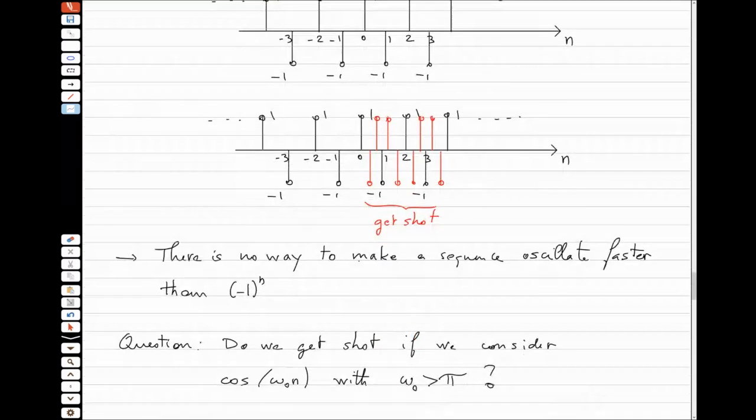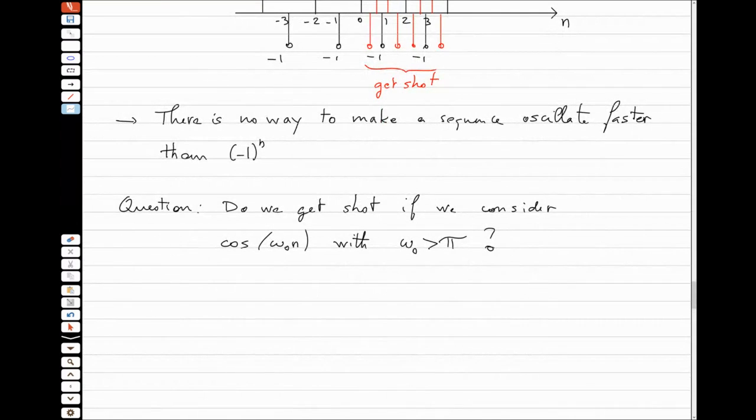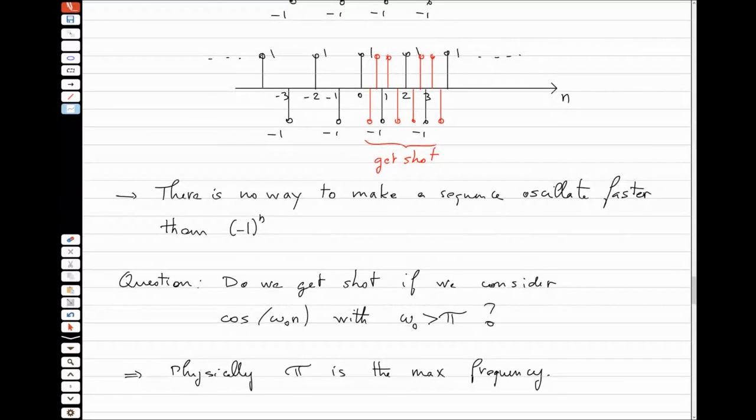So physically, the conclusion is that pi is the maximum frequency. But you can still sample at higher frequency. You are not going to get a sequence like that. You're going to get a sequence that goes much more slowly.